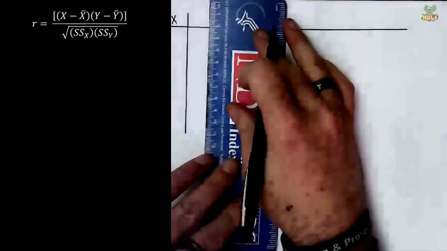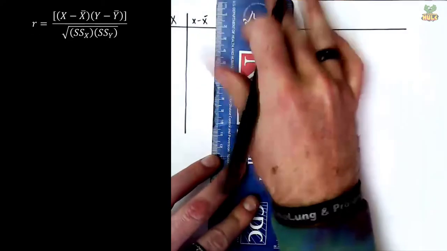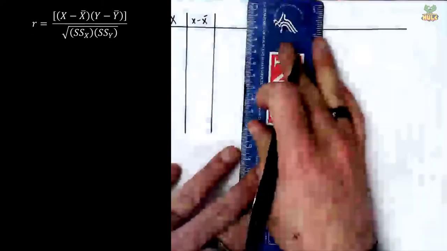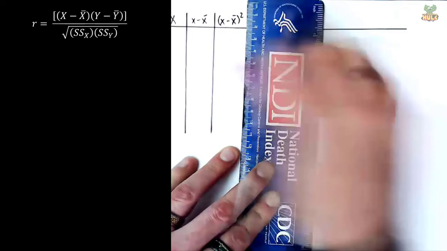So X is one of our columns. X minus the mean of X is another column that we're going to need up there. Then we're going to need to square that column. X minus the mean of X squared.